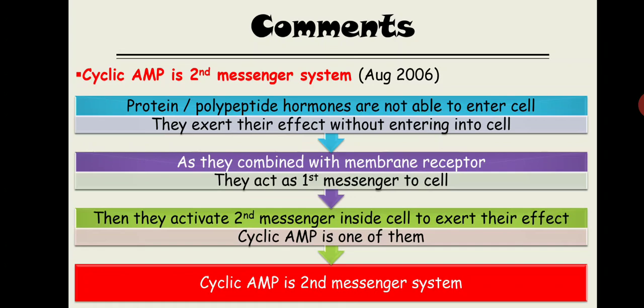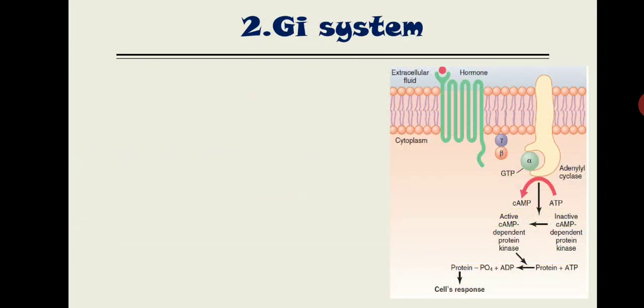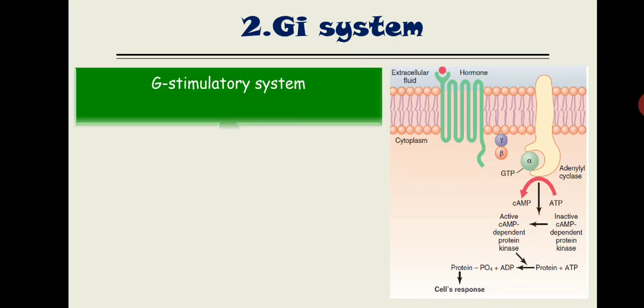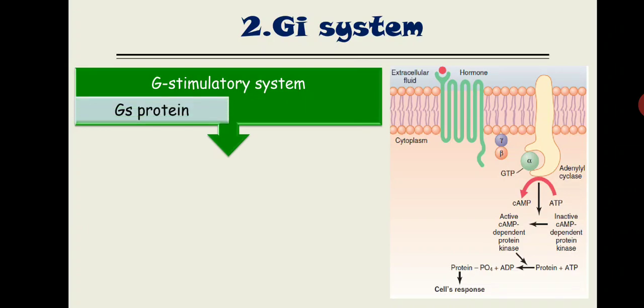Now let's discuss the second system, the GI system. As I told you earlier, this system is more or less the same as the GS system, right? What we understand in the GS system is that it is a G stimulatory system having a G protein, GS protein. It increases the cyclic AMP level.